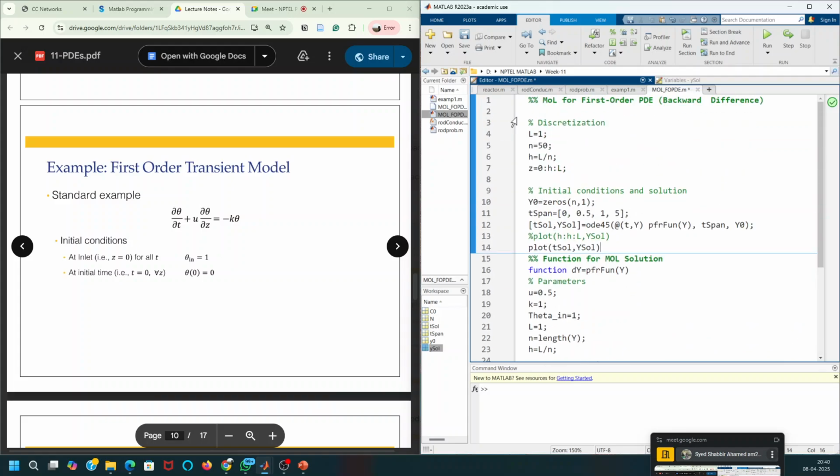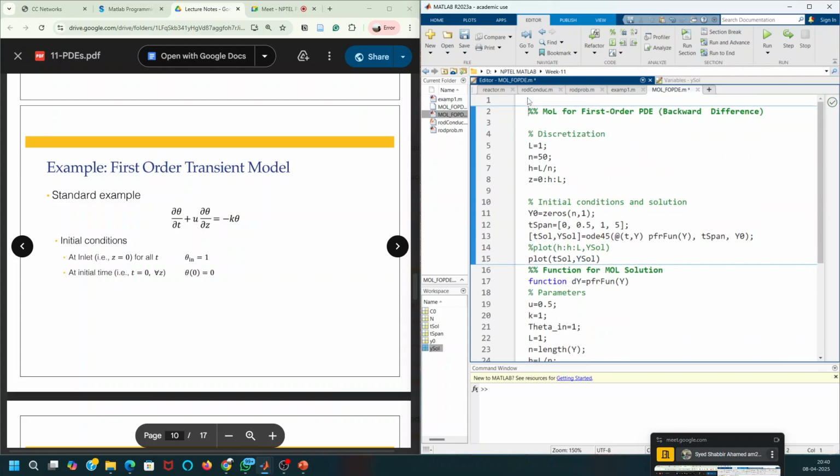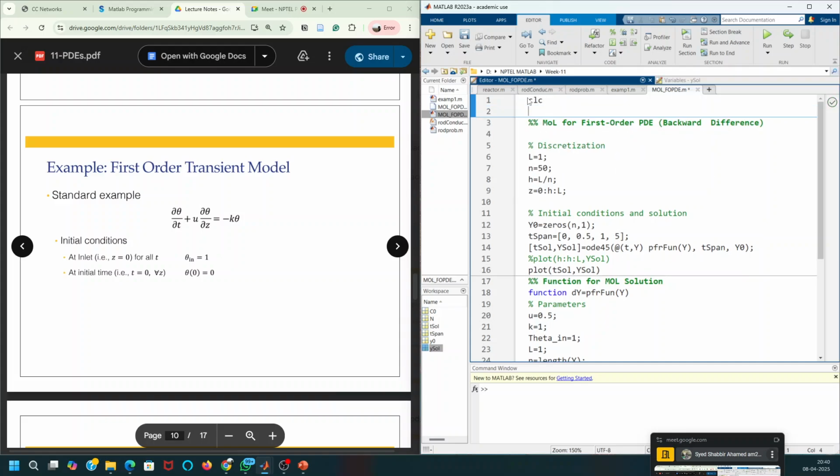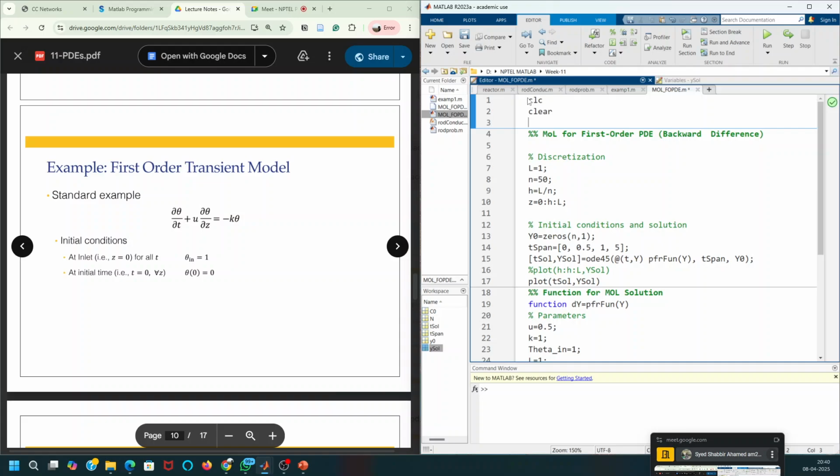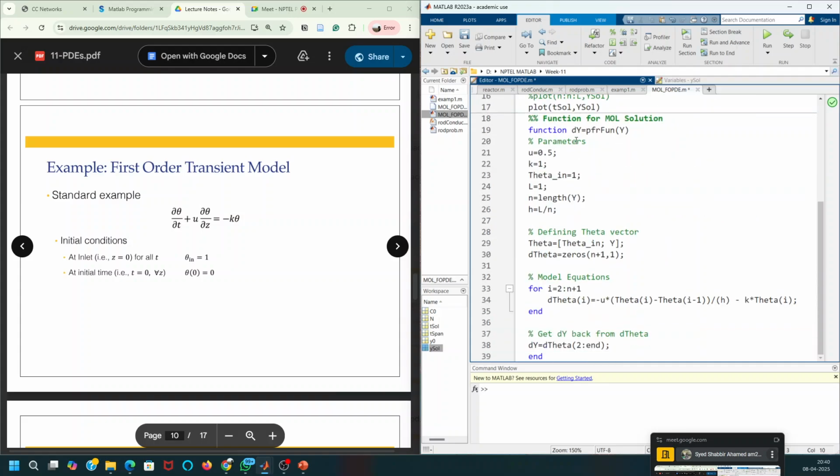Just run it. I'll include these lines, clear and close all, because I don't want the other code to interfere with this code. So I'll remove all the variables and close all the plots which I have already plotted. Otherwise, they will overlap.